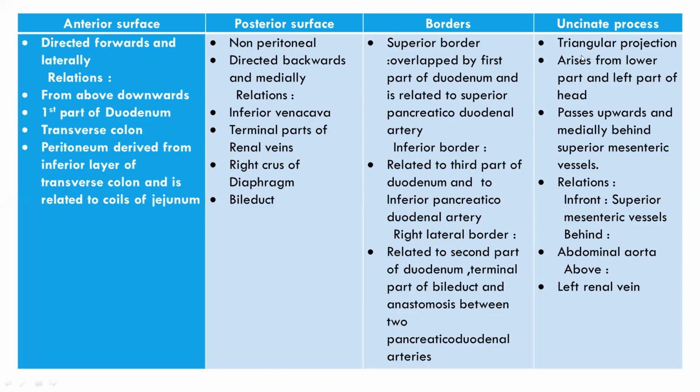So what is the uncinate process and where is it related? It is a triangular projection arising from the lower and left part of the head, passing upwards and medially behind the superior mesenteric vessels.